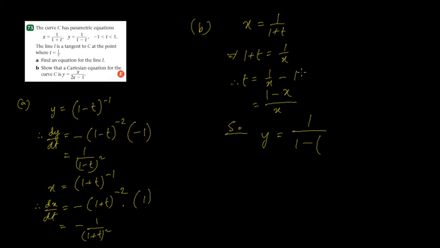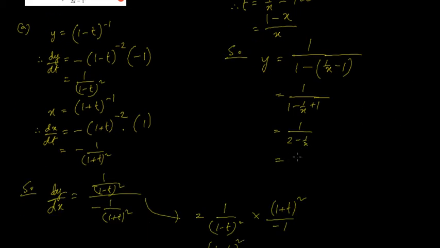second thought, I think this version is better. So 1 by x minus 1. So 1 by 1 minus 1 by x plus 1. That makes it 1 by 1 plus 1, 2, minus 1 by x. So if we take the LCM here, x is the LCM, 2 into x is twice x, minus x into 1 is x.